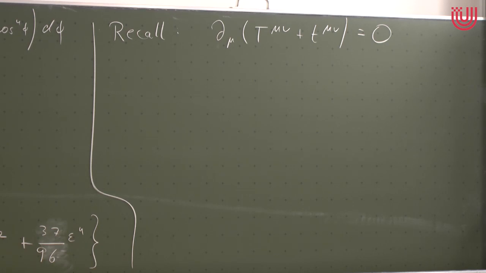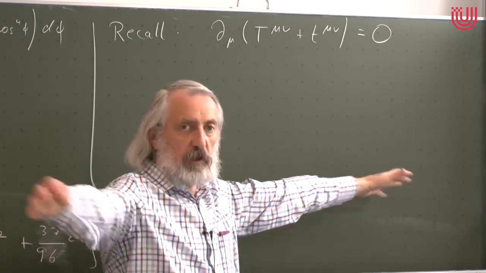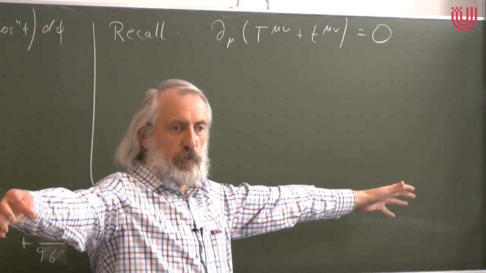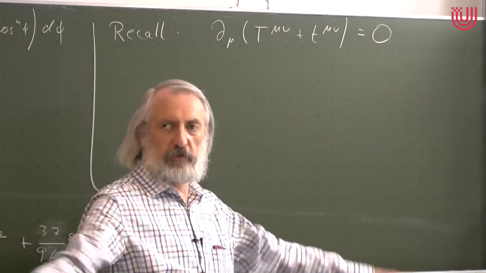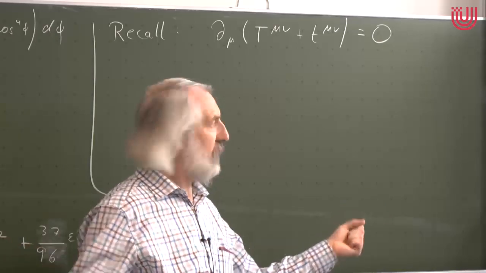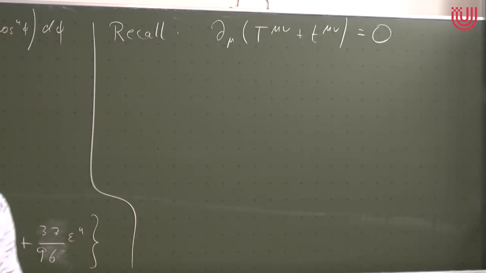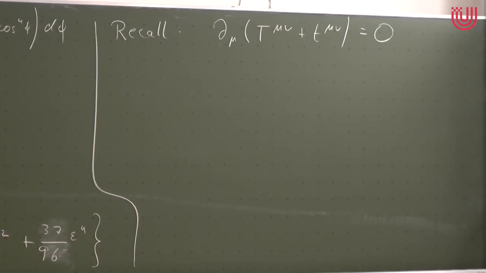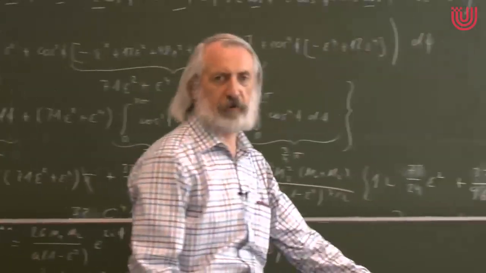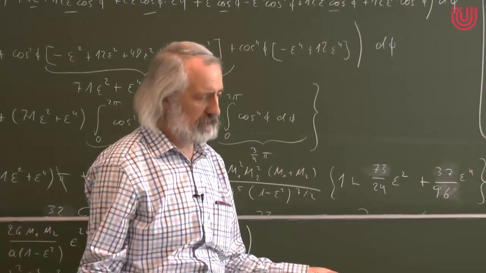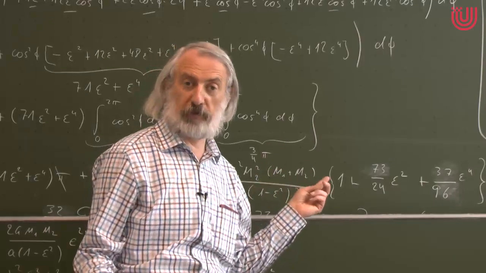Now we have calculated this radiation which comes from this term. This term produces an energy flux through this surface. Where is this flux coming from? Something inside this big sphere must produce this flux, and the only candidate for this is the matter energy momentum tensor. So the sources must lose energy. Unless somebody is pumping in energy from the outside, the system will lose energy, so it cannot be time independent, as we have assumed throughout this calculation.